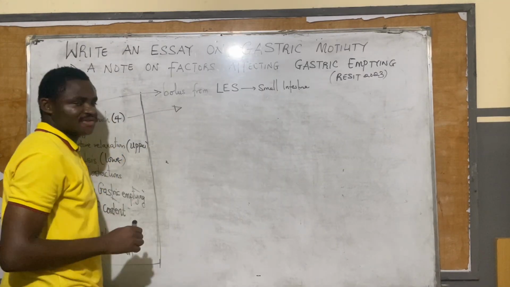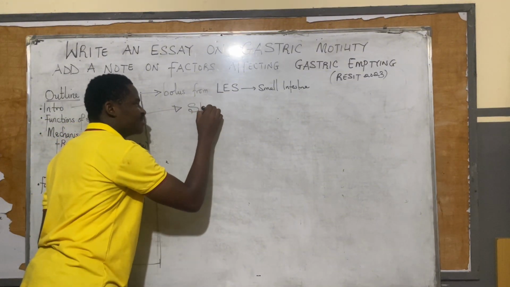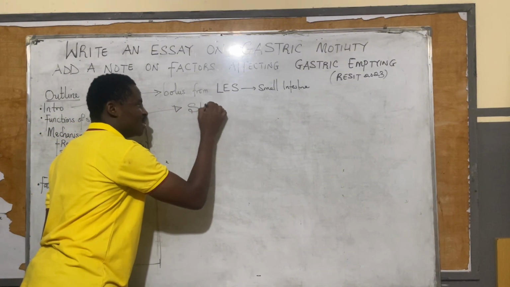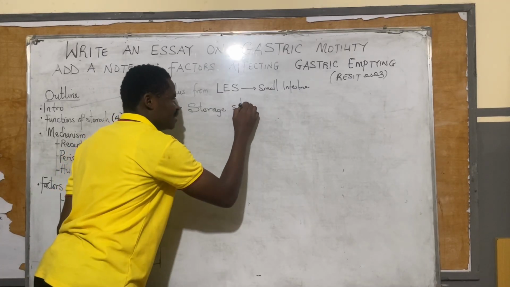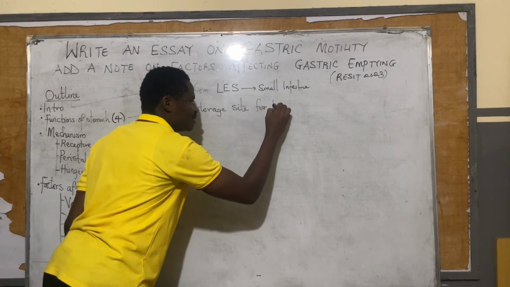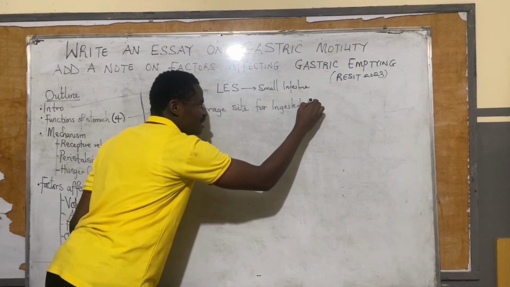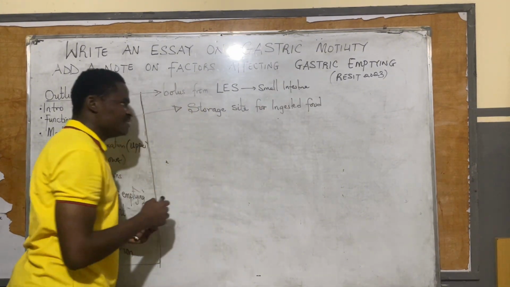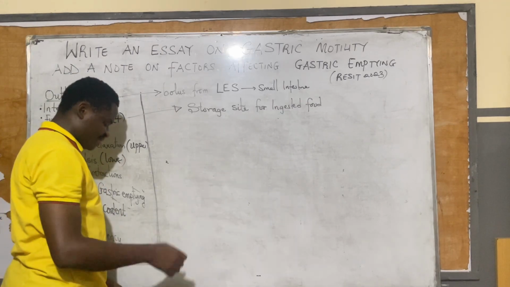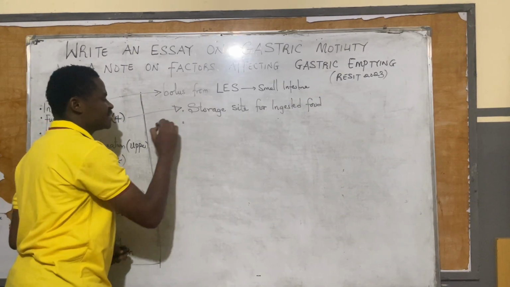There are 4 functions. Function number 1 is that it serves as a storage site for ingested food. So ingested food that we eat is sometimes stored inside the stomach, even as much as up to 3 or 4 or even 5 or 6 hours, depending on the food's constituents.